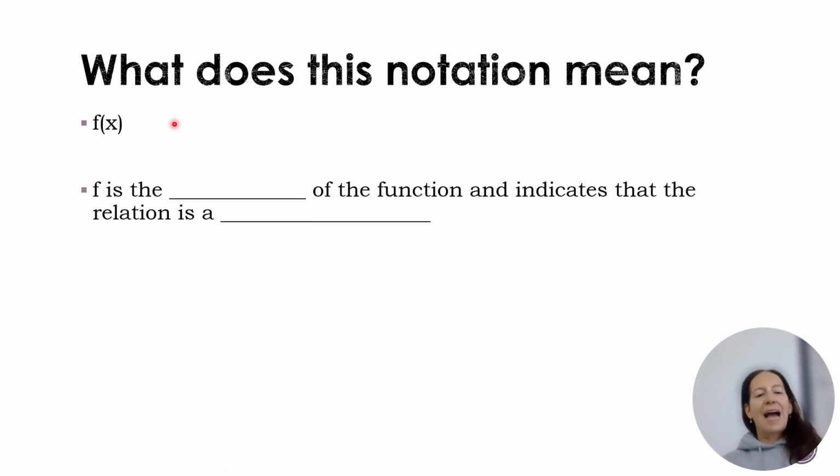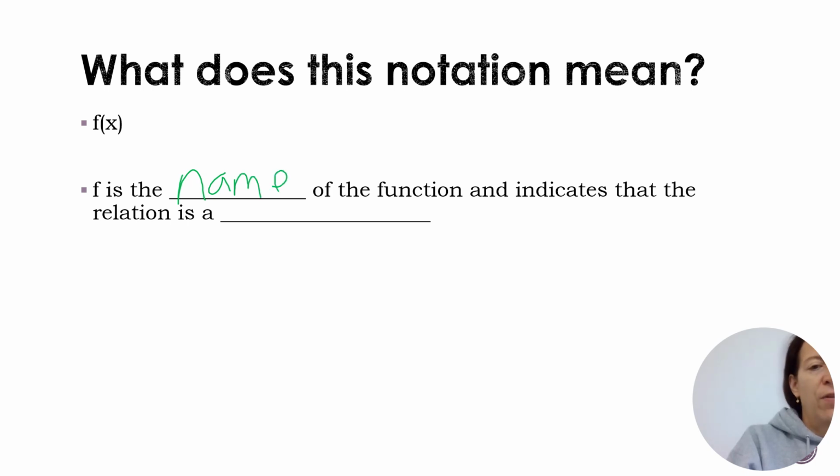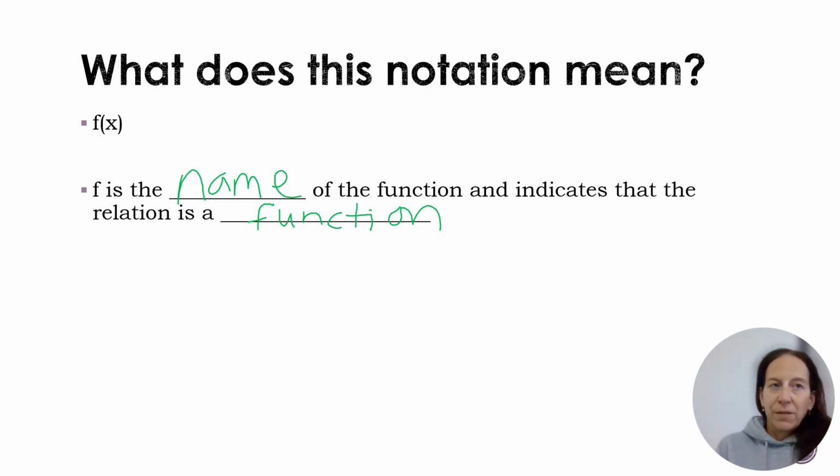So f is actually the name of the function, okay? Oops, that is not a pen, is it? Let's try again. The name of the function, and it indicates that the relation is a function. So that's what f does. And you can name the functions anything you want. So we usually start with f because function starts with f.